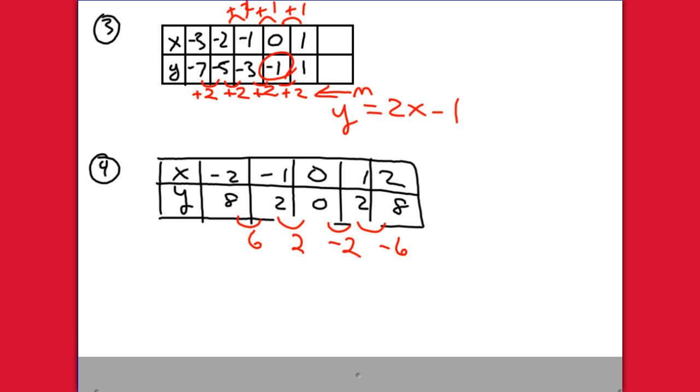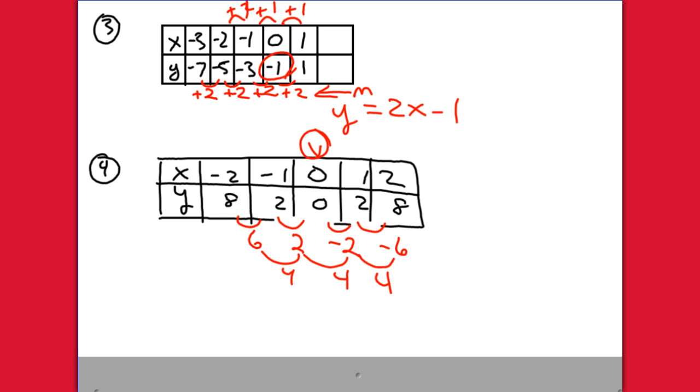And 2 take away 8? Negative 6. And now in the second difference, what's 6 minus 2? 4. And 2 minus a negative 2? 4. And then negative 2, subtract a negative 6, which is negative 2 plus 6, is 4. So there it is, second difference. Okay? The vertex is at 0, 0, which means the y-intercept is at 0, 0.